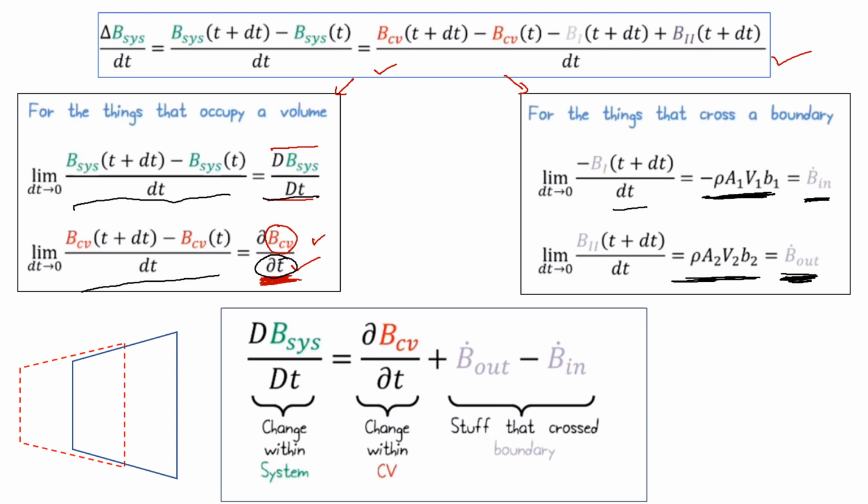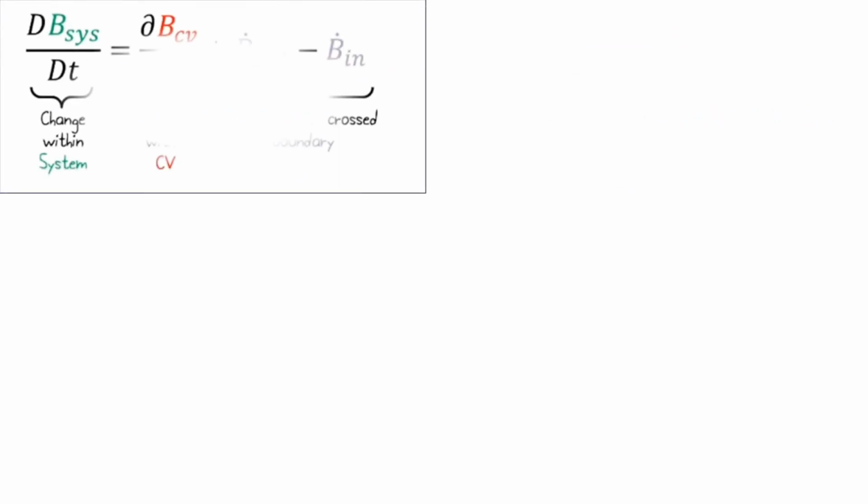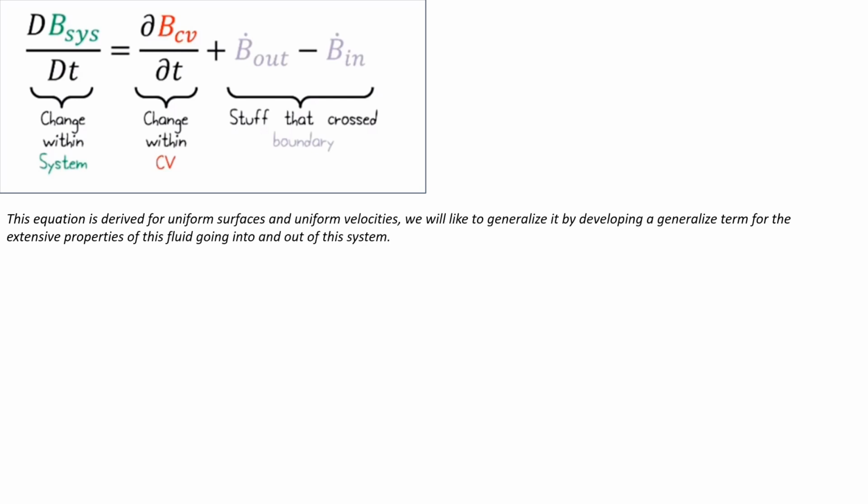Again, let's move to the other slide and let's see what this equation actually represents. This is my Reynolds transport theorem, and this equation is derived for uniform surfaces and uniform velocities. This is my simple case that I derived earlier: I took a uniform control volume, and I assumed that my velocities are uniform as they move through this control volume.